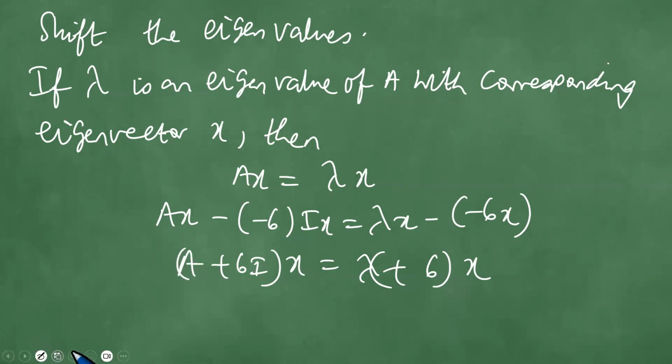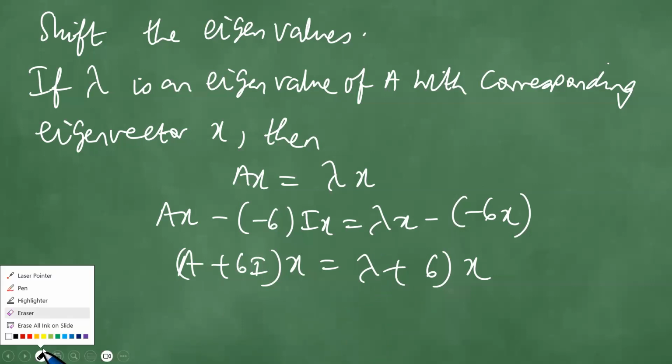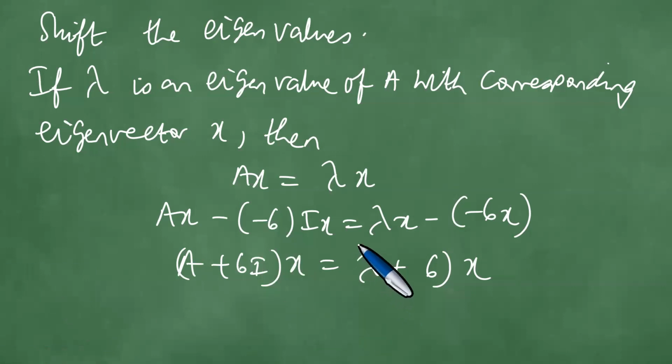Okay, the observation then is that, so I want us to note something here. So obviously at this point here, you have the lambda plus 6x, and then we proceed.